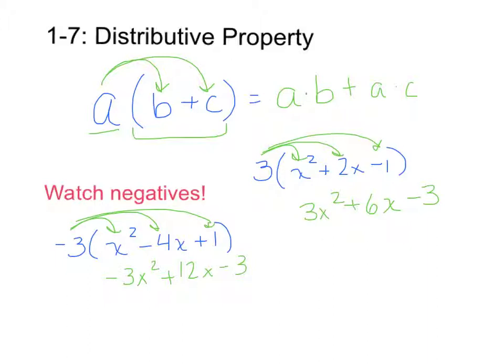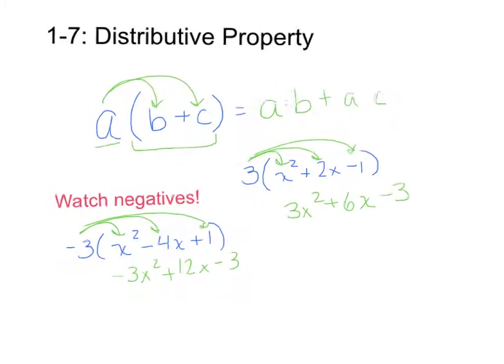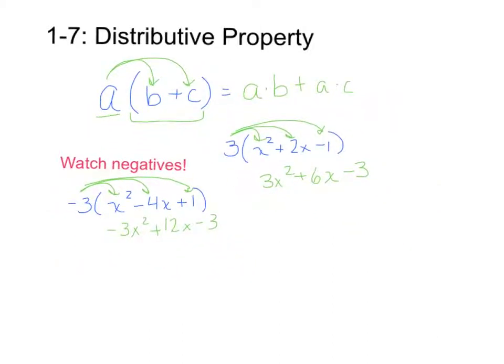Where this gets a little bit tricky happens particularly with the order of operations. So if I do 2 minus 4 times 3x minus 2.